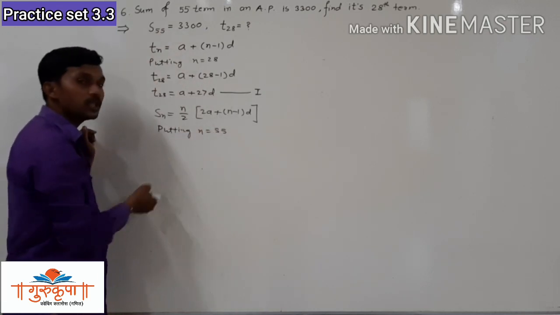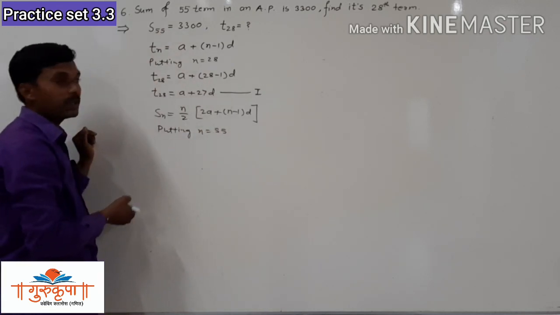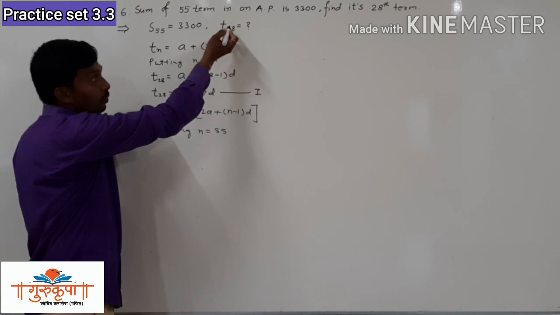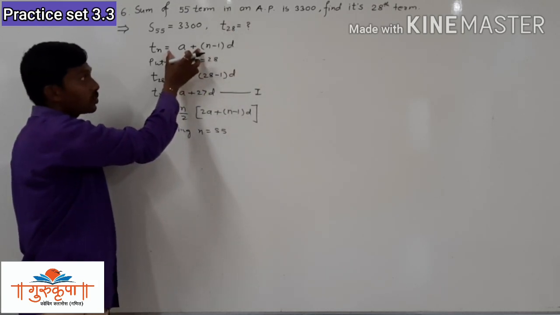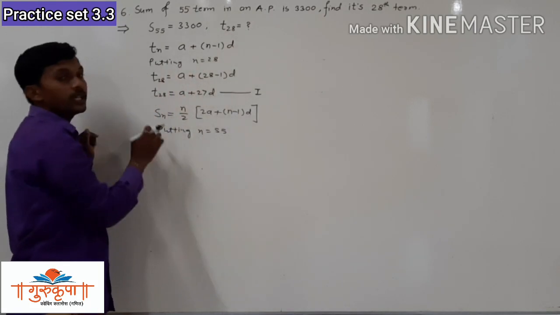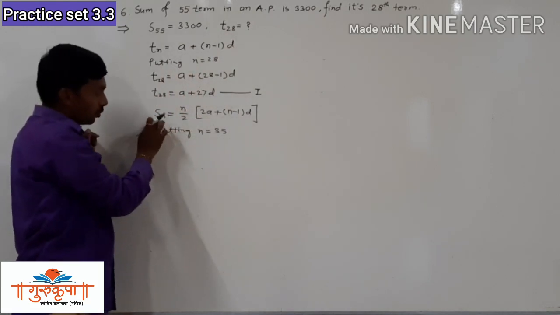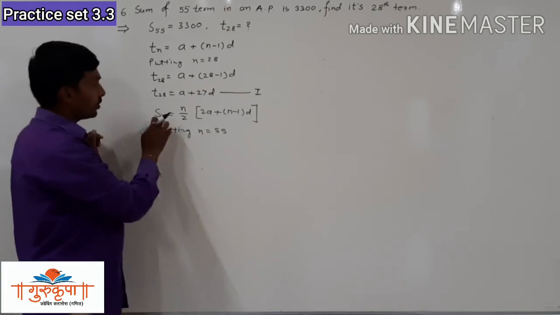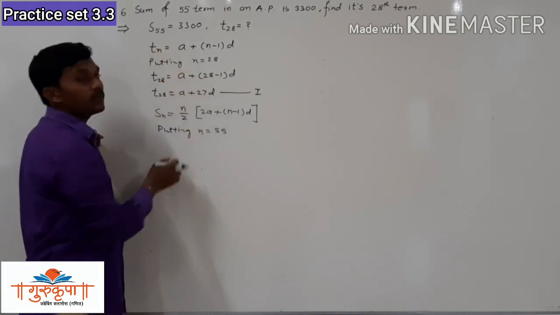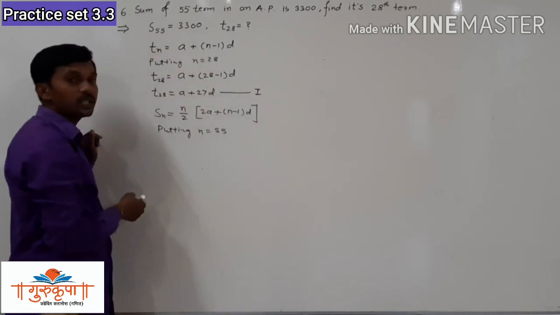Here we have to find the 28th term, so in the general term formula we put n equal to 28, and in the sum formula we put n equal to 55, since we know S55 is 3300.